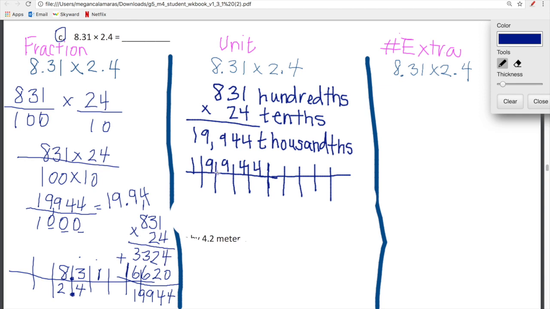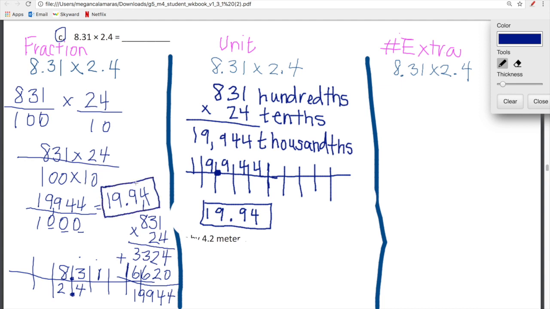So that means that our decimal actually is going to have to go right here because we have tenths, hundredths, thousandths. So 19,944 thousandths is equal to, you see it right there in the place value chart, 19.944, or just 19.94. So we are in good shape because this number and this number are the same.